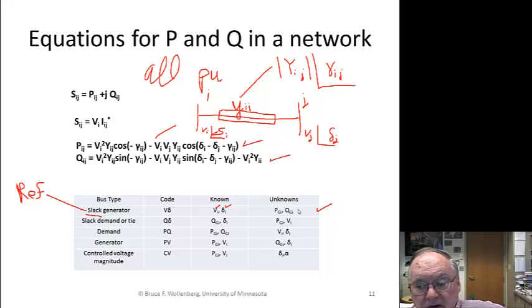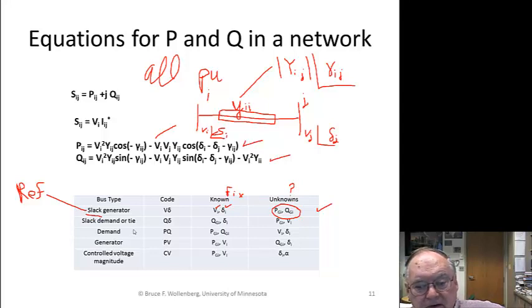Its P and Q are only known at the end of the calculation, but its voltage is fixed. It's known. So these quantities are fixed. These are unknowns. Put a question mark here. These are known and unknown.